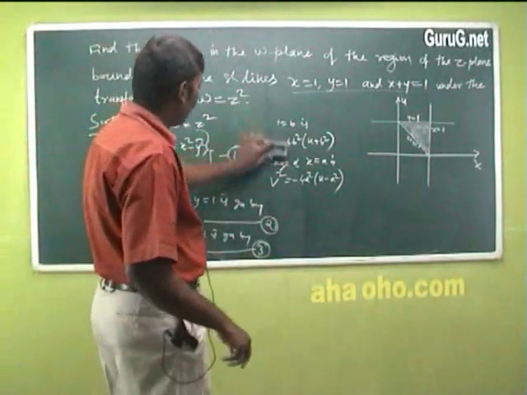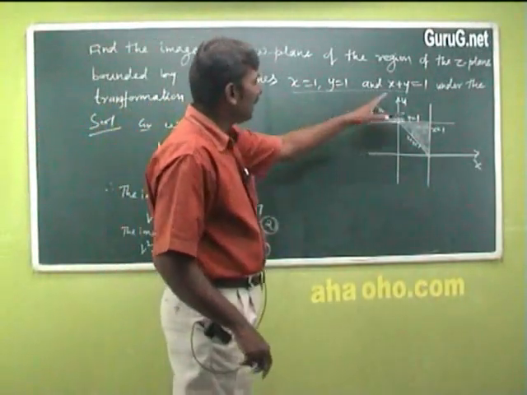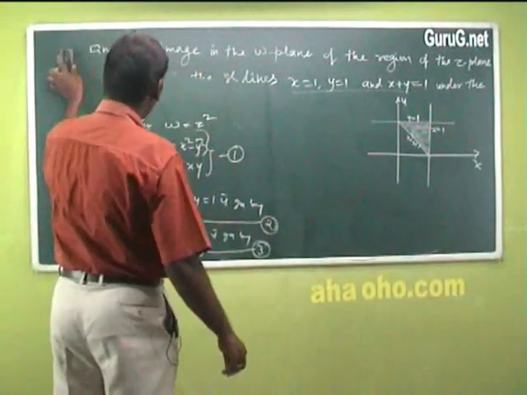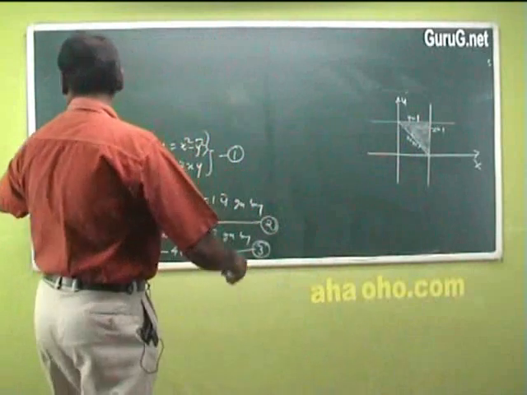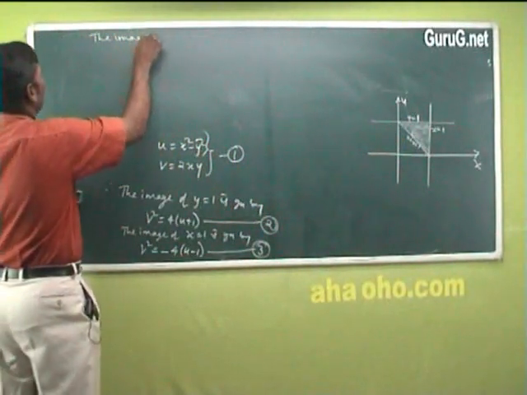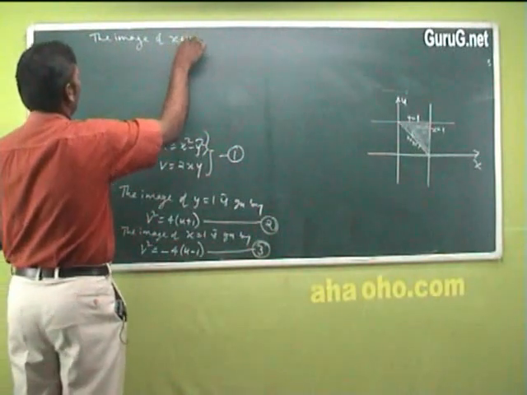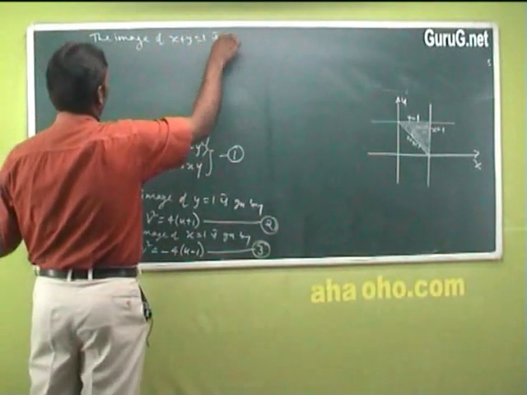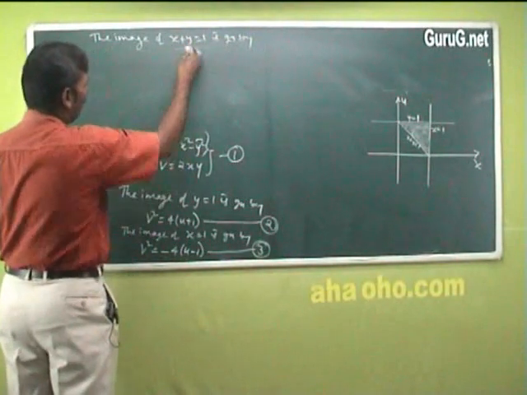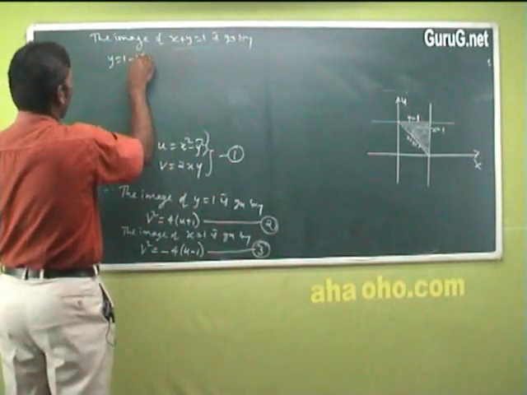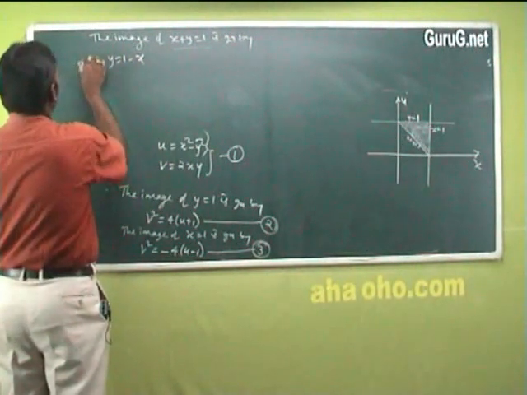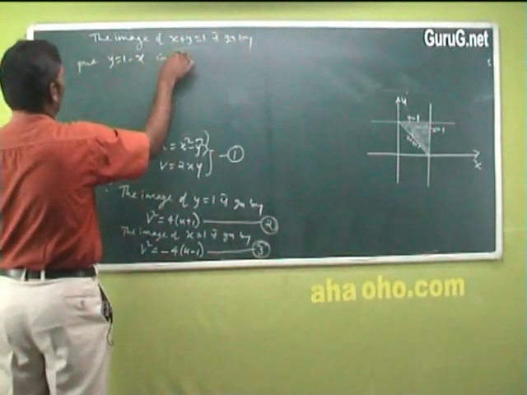And then we have to find the image of the line x plus y equal to 1. We have to find the image of x plus y equal to 1. Put y equal to 1 minus x.